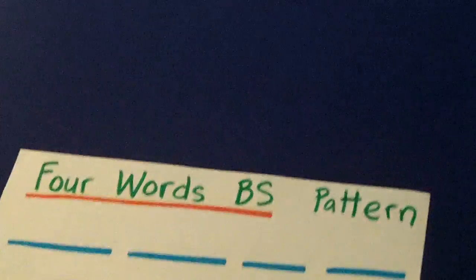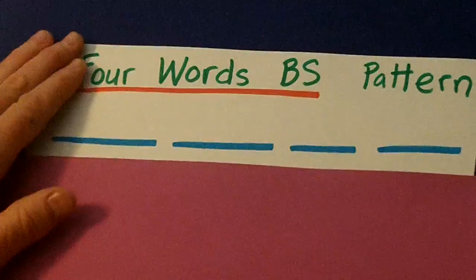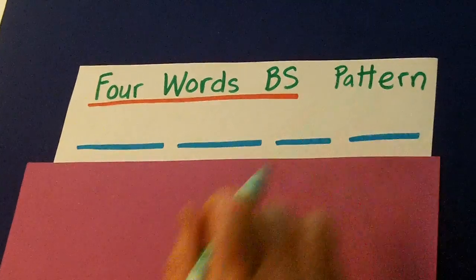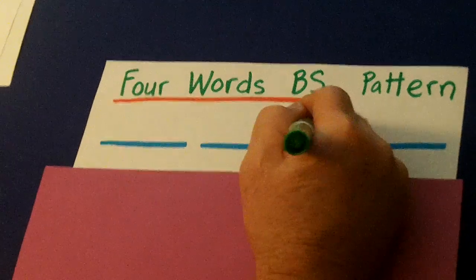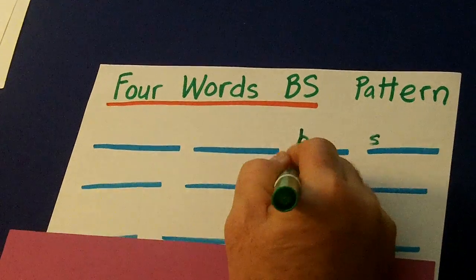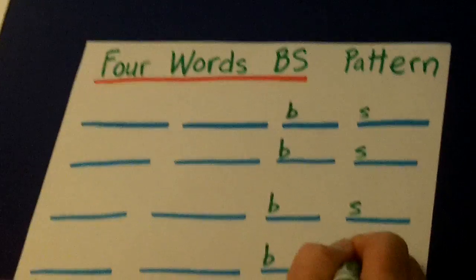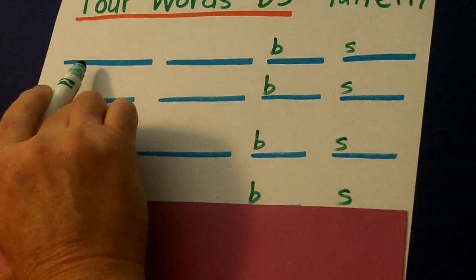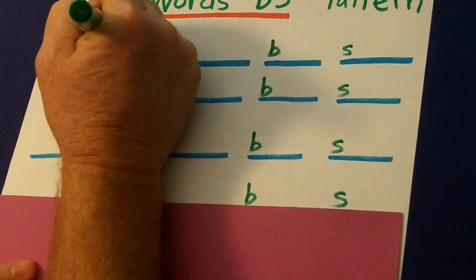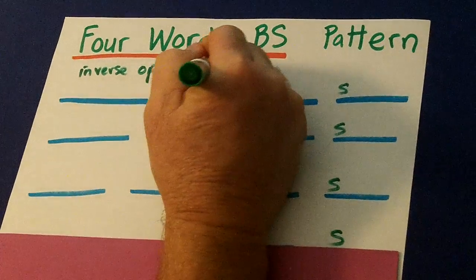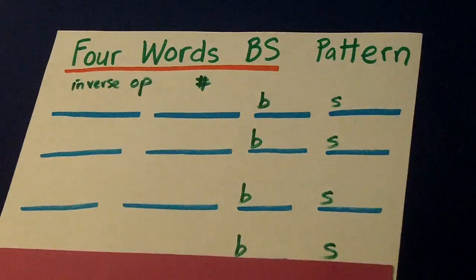Okay? Now, for those of you who need a little helpful reminder to learn how to memorize things, I have something called the 4 words BS pattern. Okay? The last 2 words always start with BS. And then the first one is your inverse operation, and the second one is the number.